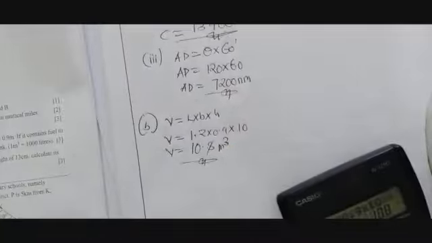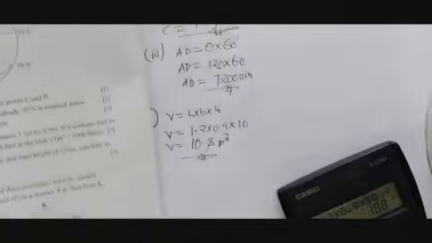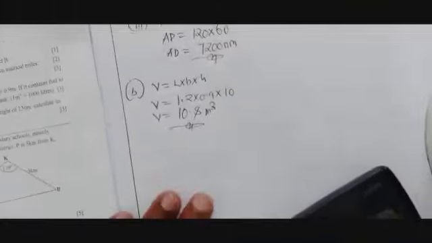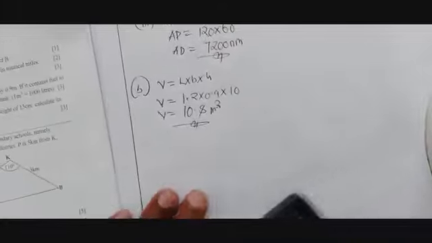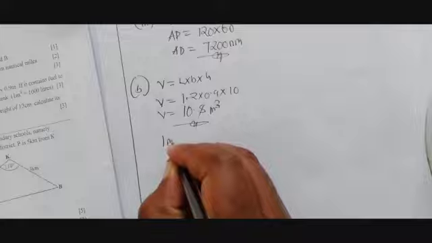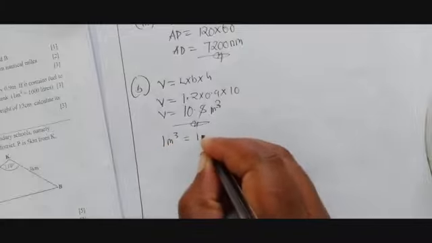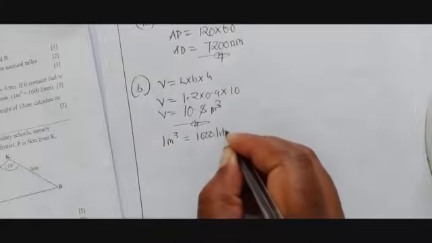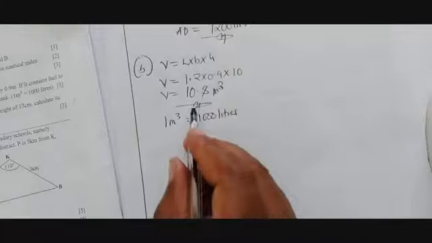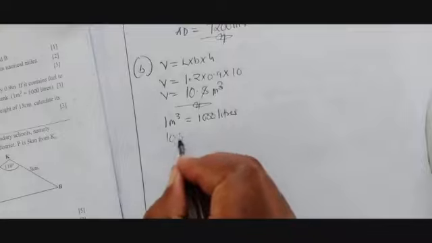Now, the question is find the number of liters of fuel in the tank. To find the number of liters of fuel in the tank, we have been given what we use to convert. 1 cubic meter is 1,000 liters. Now, what if I have got 10.8 cubic meters?